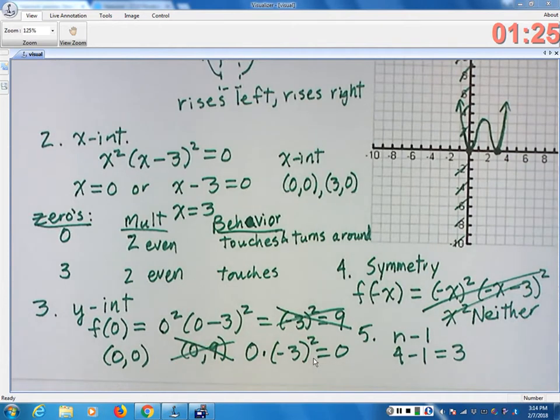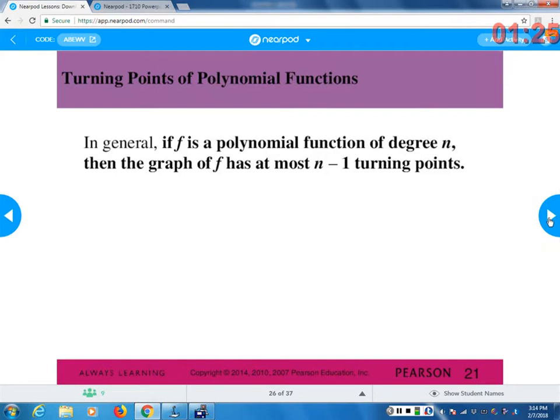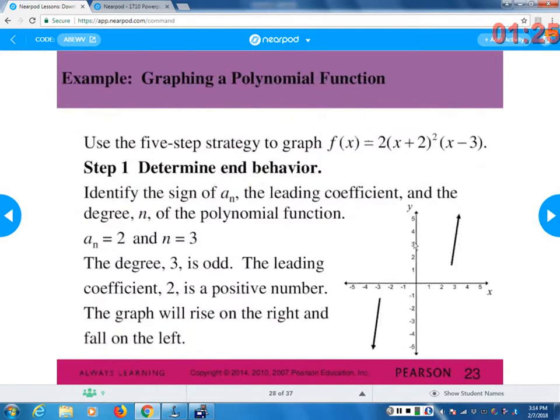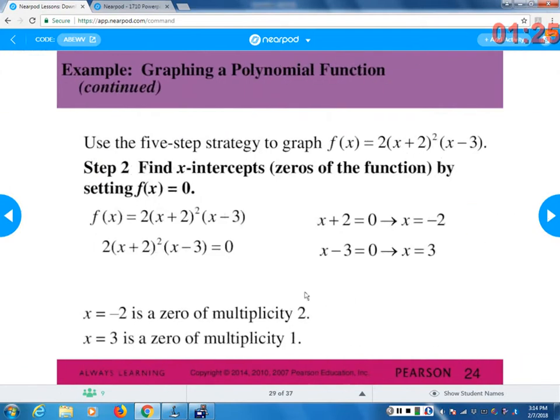Okay, all right. So let's look back at the Nearpod. It goes through this and determines the end behavior again. Is this the same function? Oh no, this is a different example.